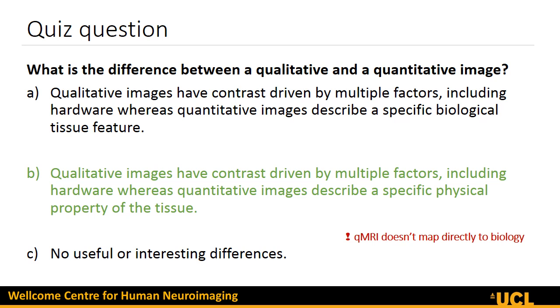Even though a particular measure may be heavily determined by a specific feature, for example myelination levels, as I showed you in the previous studies, or indeed by iron content if we were looking at a different measure. Actually what we have is still contributions from multiple tissue features, but our specificity is much improved over weighted images, including our sensitivity to hardware features, which ideally will have been completely removed.